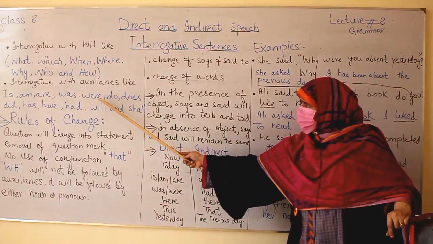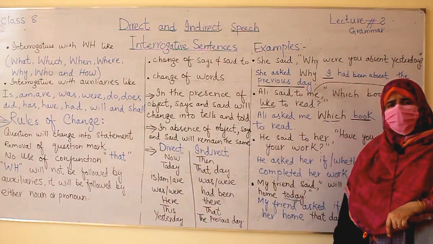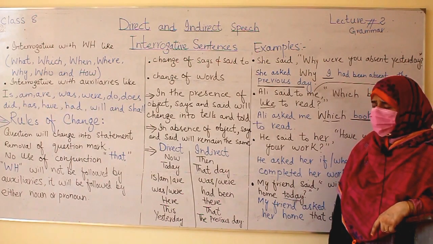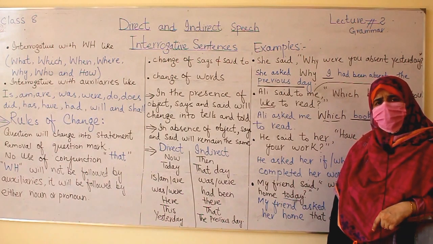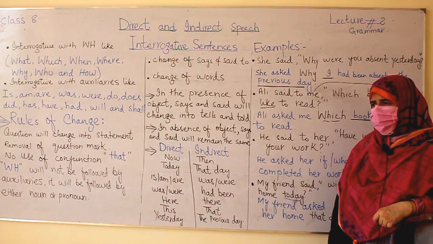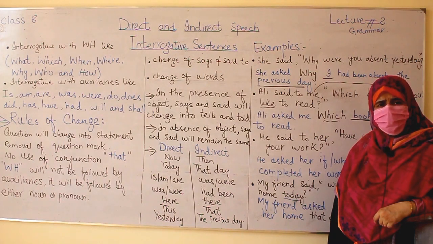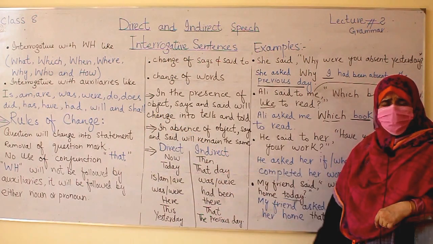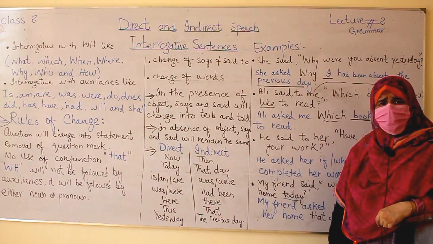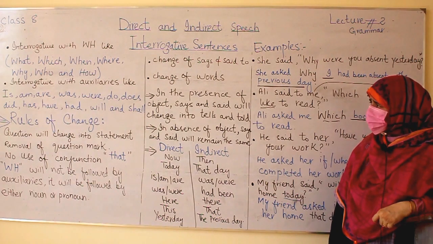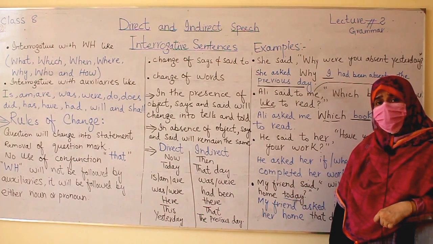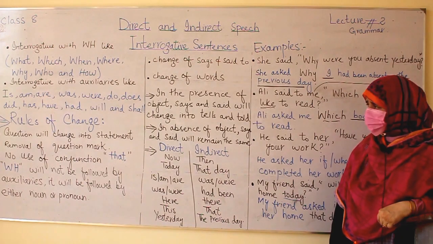We are having was and were. Now first let me tell you an example for was. Was she preparing tea for the guest? Now she asked or he asked or they asked, it's up to you whatever you want to write. She asked if she had been preparing tea for the guests.